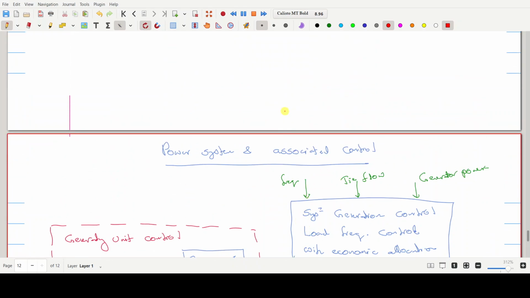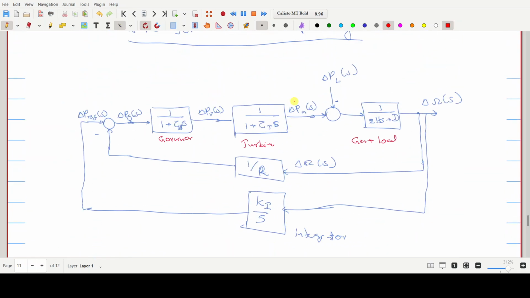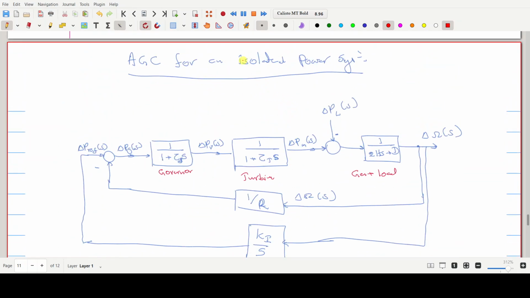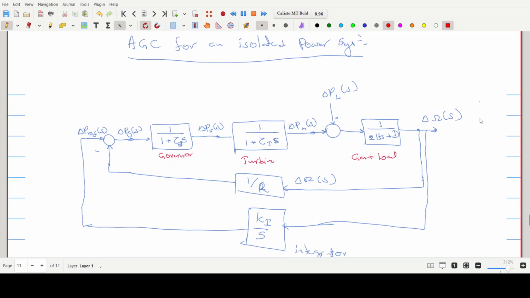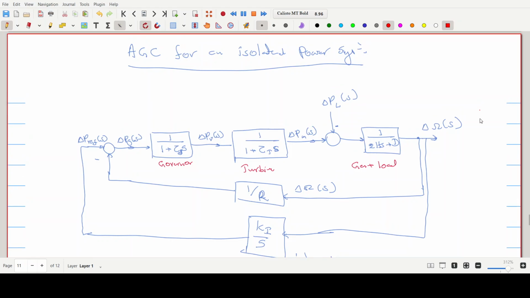We have taken a single synchronous generator connected to the load as an example, and we have derived the control block diagram for that. Next we will look at what will happen when we have multiple such generating units.